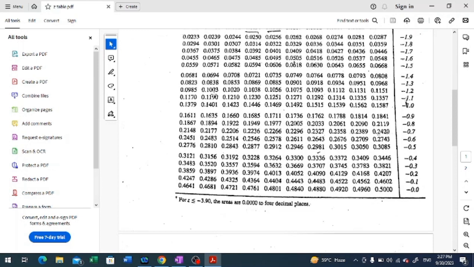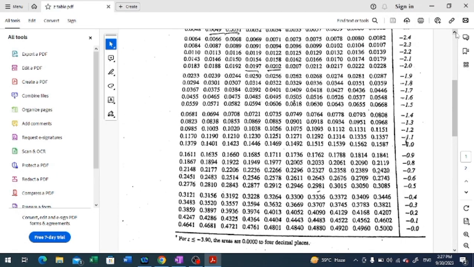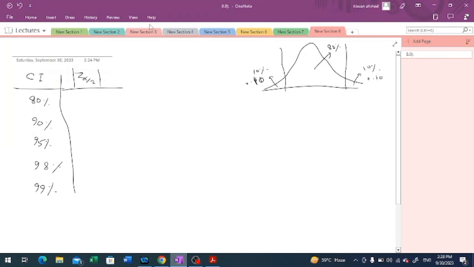But we are interested in the z value, not the probability we have located. We need to locate the z value at which this particular probability is located. So this is the 8th column. Consequently, minus 1.28 would be the value of z. So if minus 1.28 is the value for the lower bound, plus 1.28 would be the value for the upper bound.